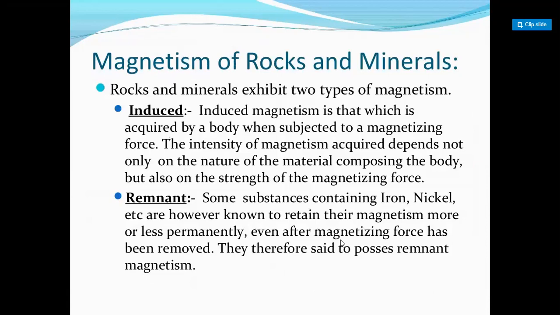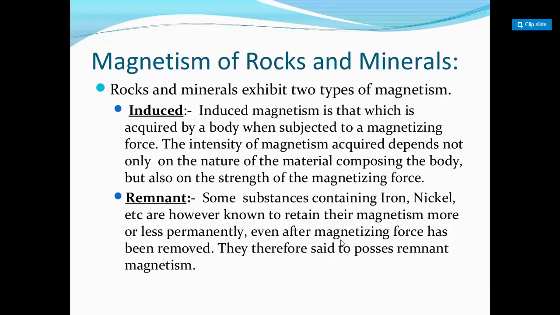Magnetism of rocks and minerals. Rocks and minerals exhibit two types of magnetism: induced and remnant. Induced magnetism is that which is acquired by a body when subjected to a magnetizing force. The intensity of magnetism acquired depends not only on the nature of the material composing the body, but also on the strength of the magnetizing force.